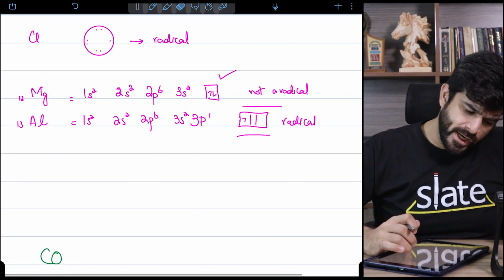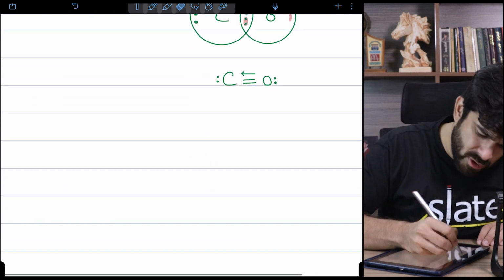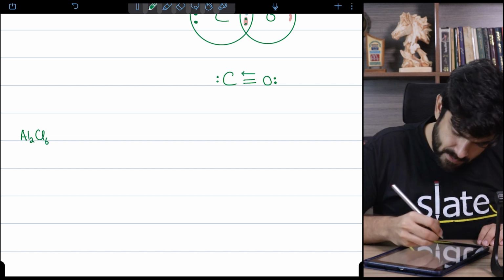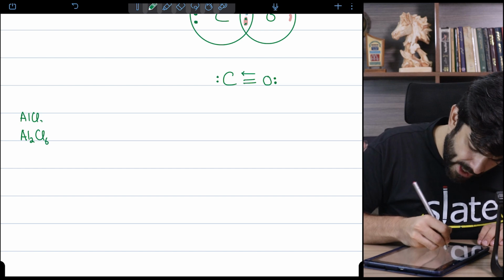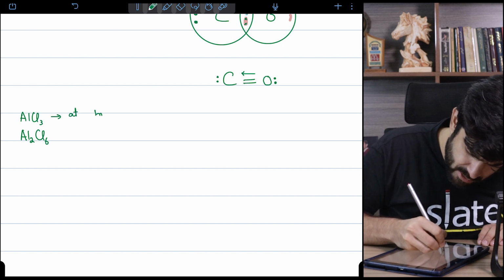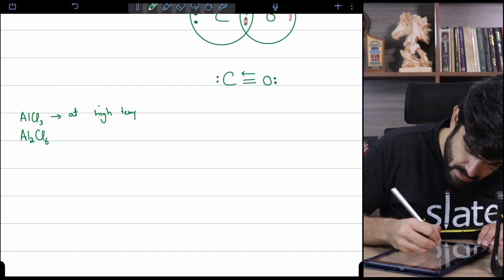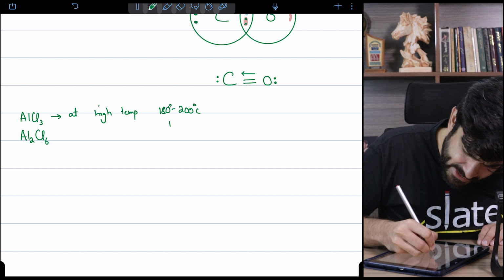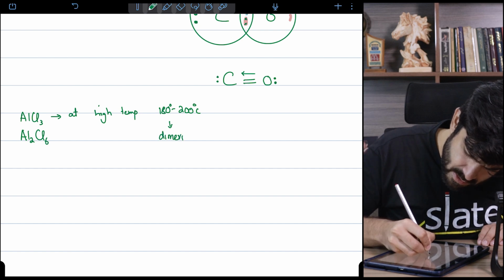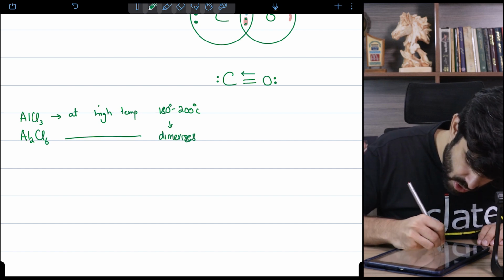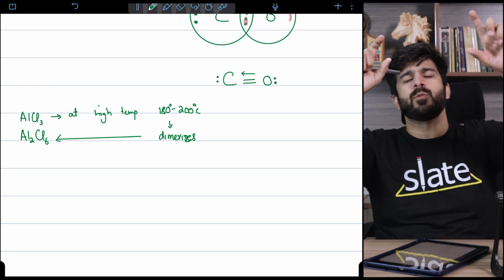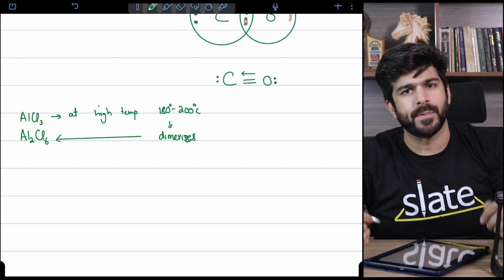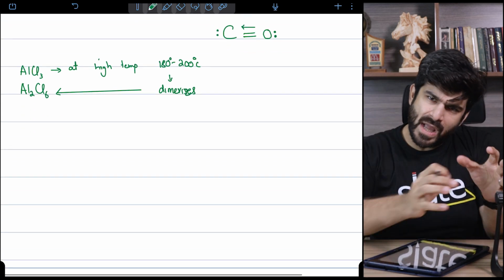Now, last and a very important example of dative covalent bonding that mostly comes in the exam. Aluminum chloride at high temperature, around 180 degrees Celsius to 200 degrees Celsius, it dimerizes to this. Dimerizes, which means 2 will polymerize, like polymerization. So 2 will add up. So what do we have in aluminum chloride?